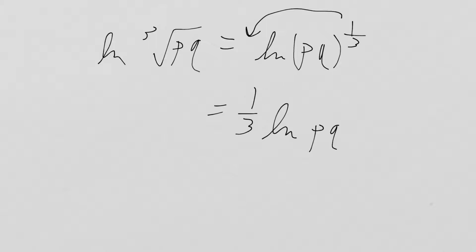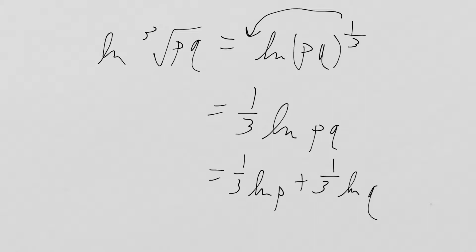And then we can go ahead and even use one more property, the addition property, or the product property, so that we can change this into 1/3 natural log p plus 1/3 natural log q.